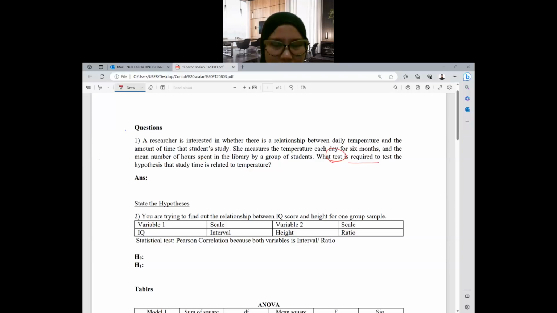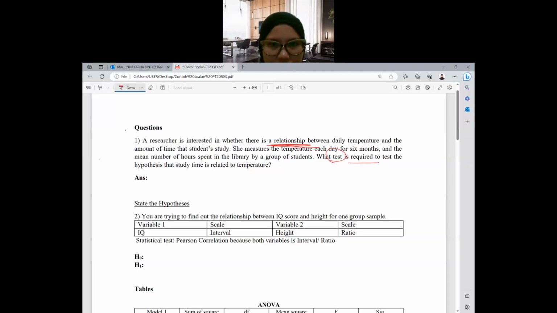The clue is here. The researcher wants to study the relationship between the daily temperature and the amount of time that students study.